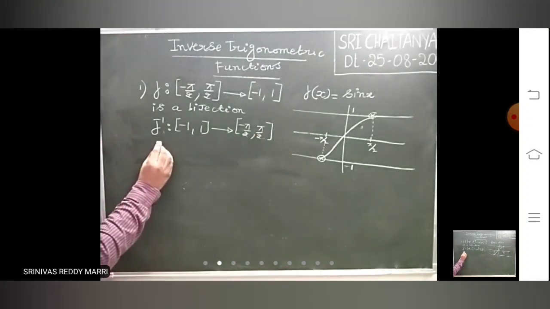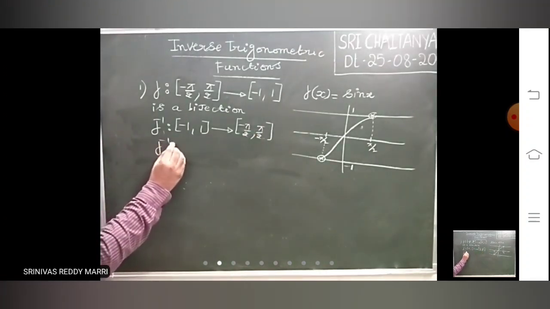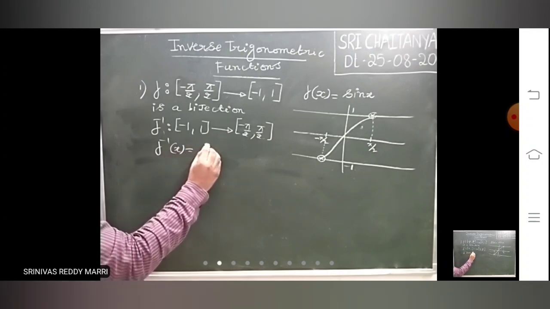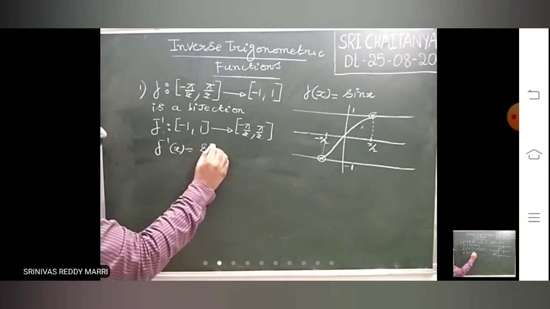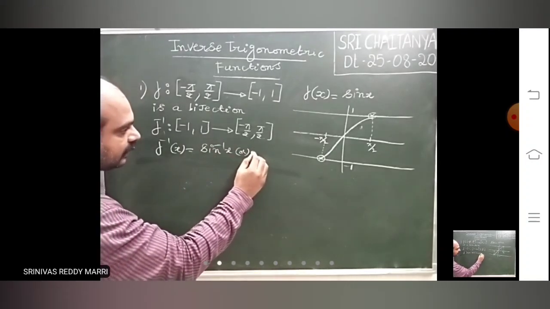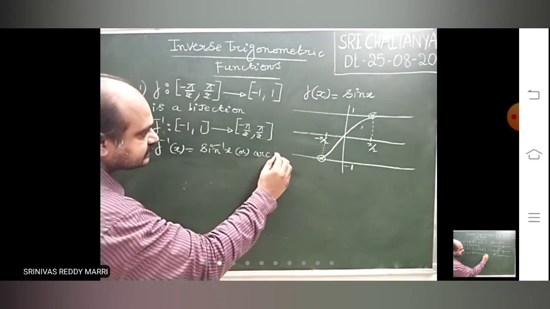The inverse function of this, if I define it, I will write as f inverse x. This is denoted by sine inverse x or arc sine x.